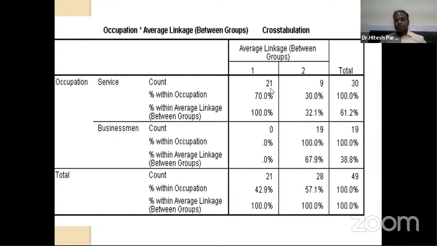Whereas cluster number 1 is more of a service category. Though 30% are again in cluster number 2, in cluster number 1 the service people are 70%. So we can say that businessmen are higher in cluster number 2 and service people are higher in cluster number 1.